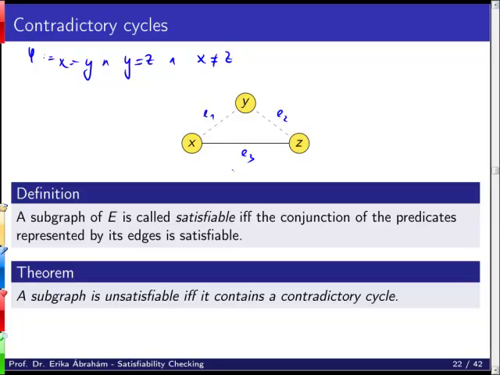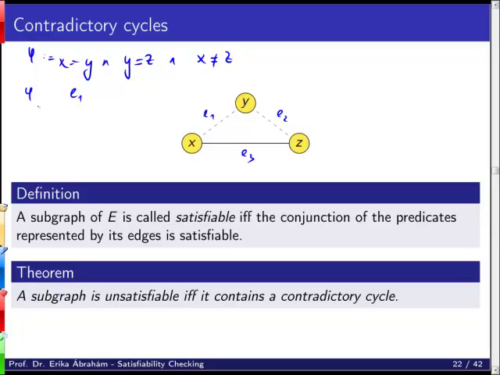Exactly. So I can say the edges are labeled by propositional variables now, and I can make a Boolean skeleton that says x equals y corresponds to E1, so E1 holds.